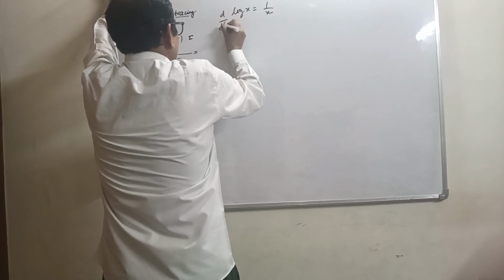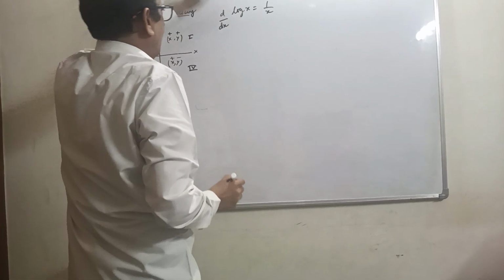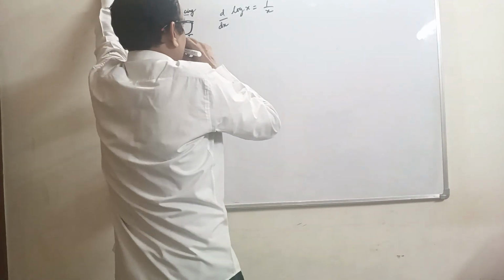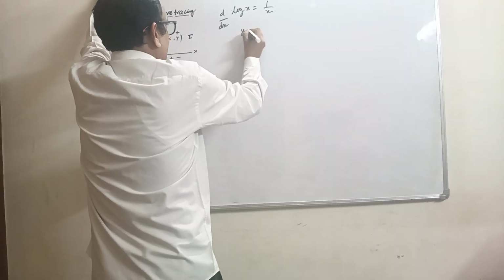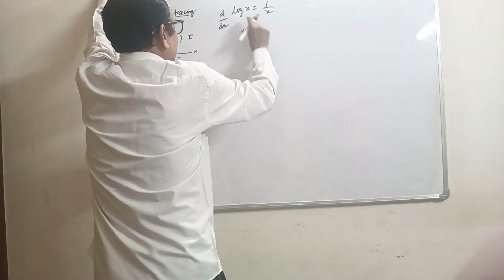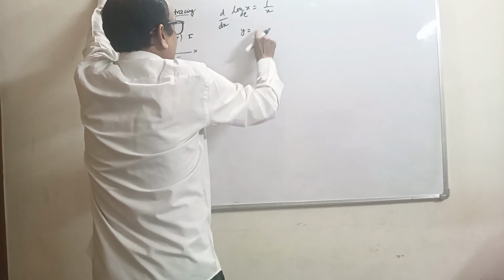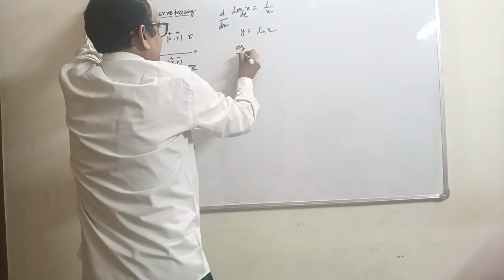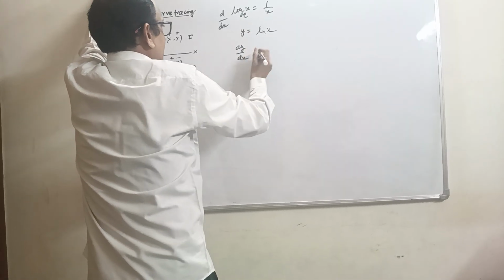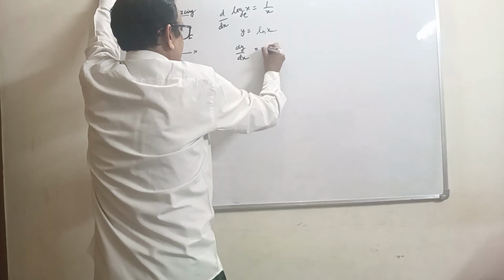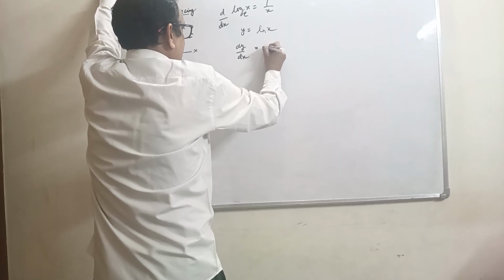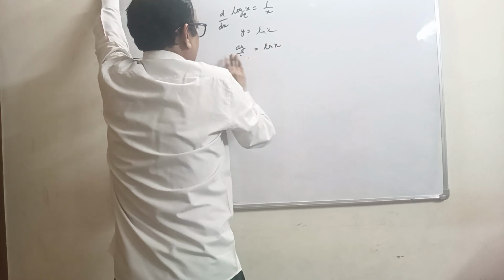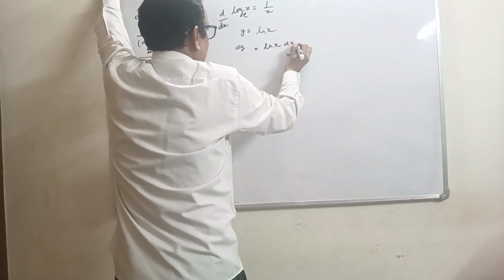So how do we know the differentiation of natural log x is 1 by x? Suppose the function y is equal to natural log x.